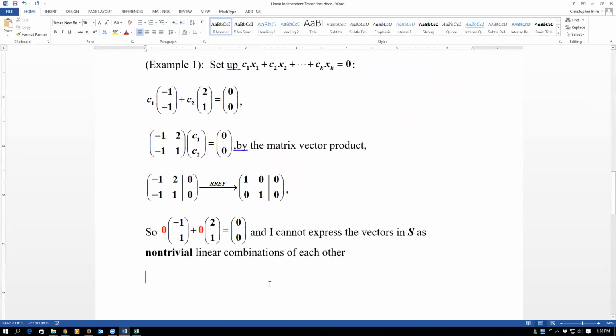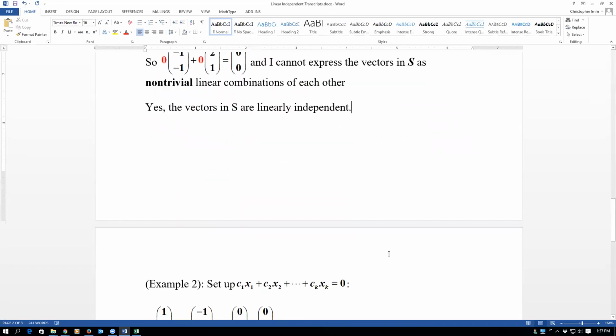So what that means, of course, is that yes, the vectors in S are linearly independent. And we saw that in our first step, but this shows it in an easy way, sort of algebraically.